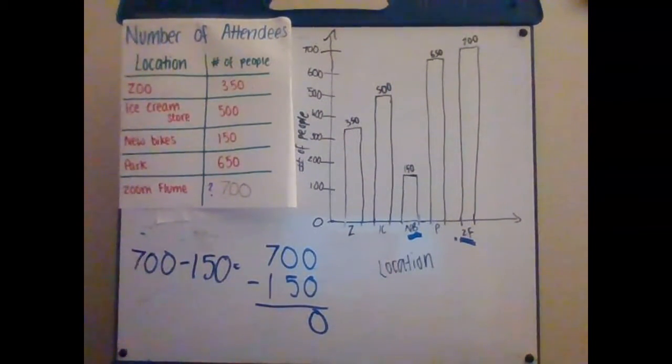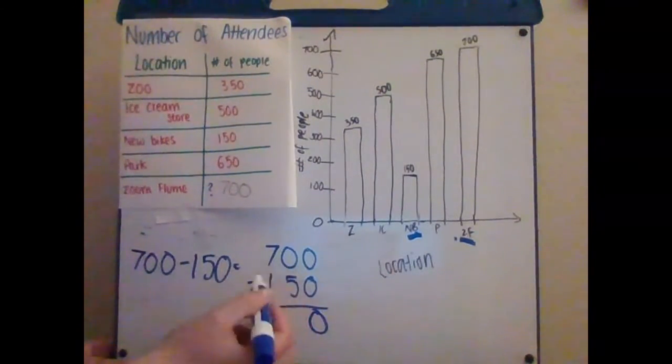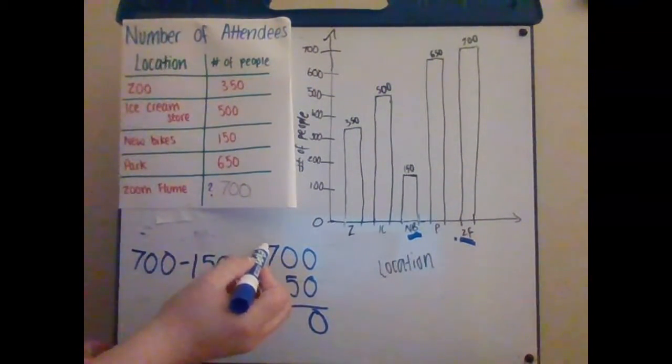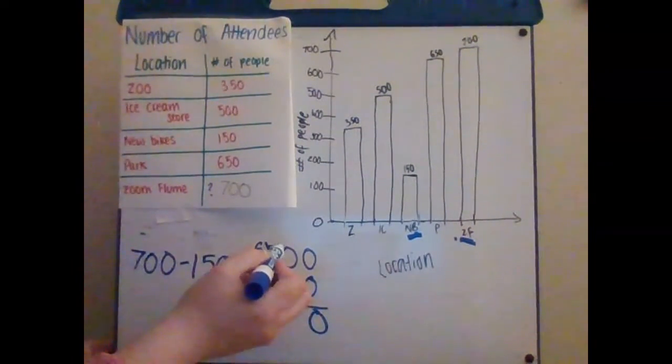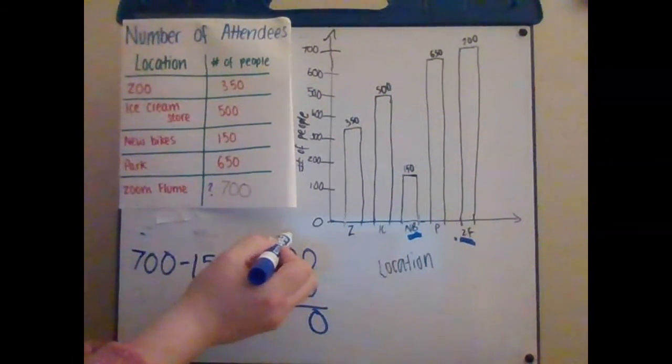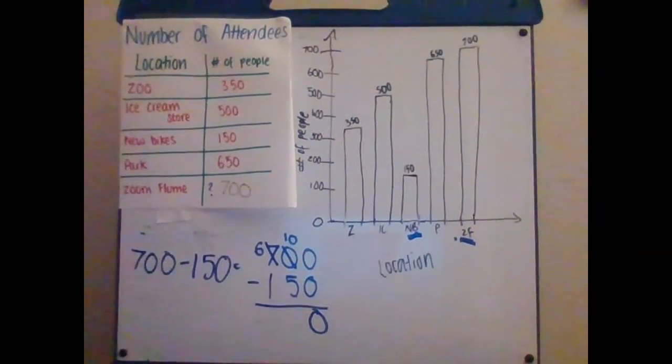You need to go to your neighbor. And that's what I'm going to do. Neighbor, I need to borrow a number from you, okay? So 7 becomes 6. This over here becomes 10. So the tens place is now 10. Take away 5, which is 5. 6 take away 1 is 5.